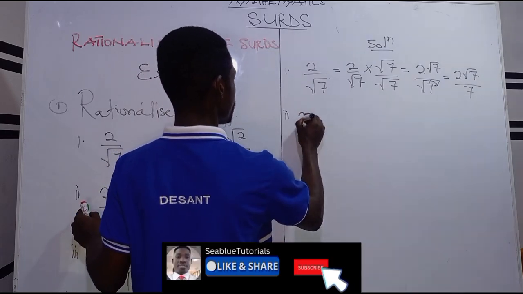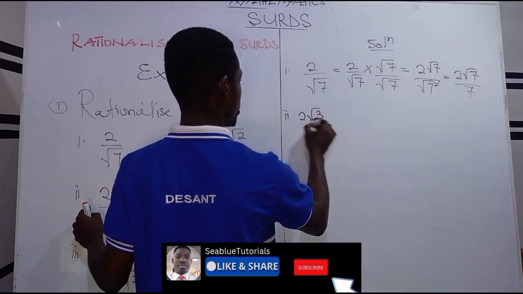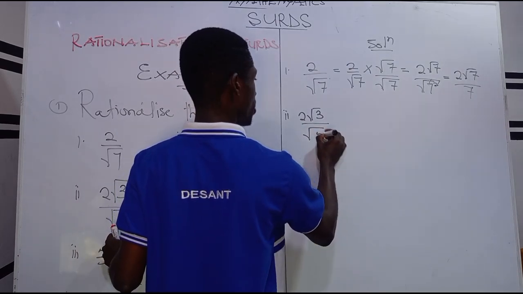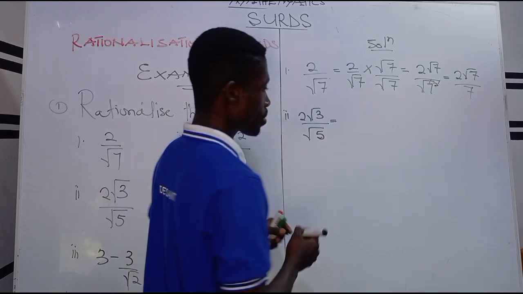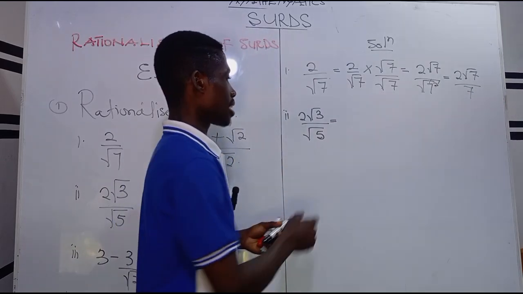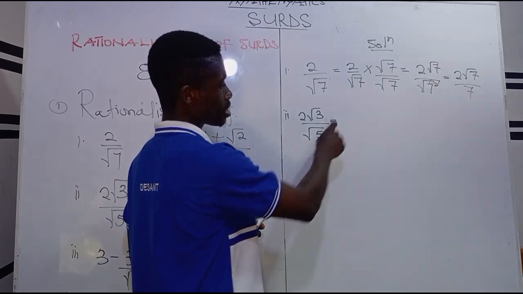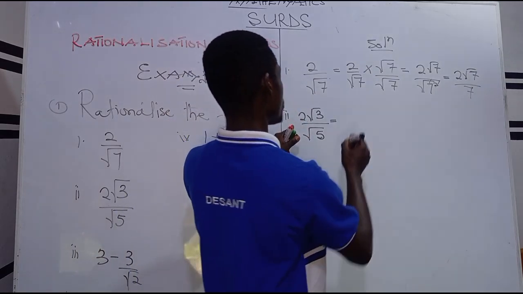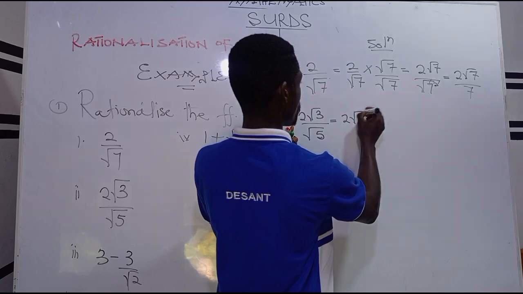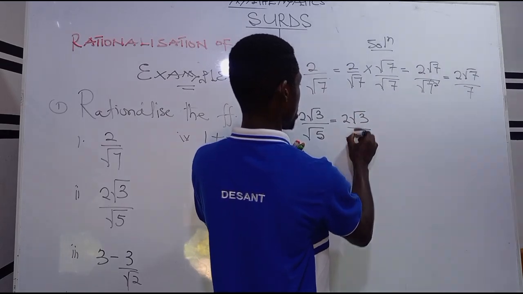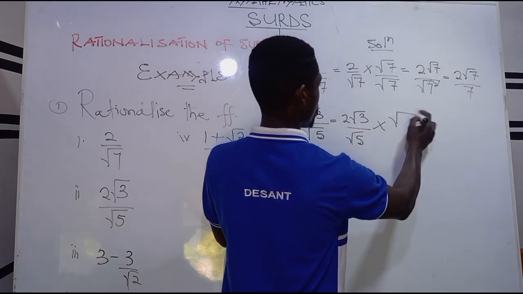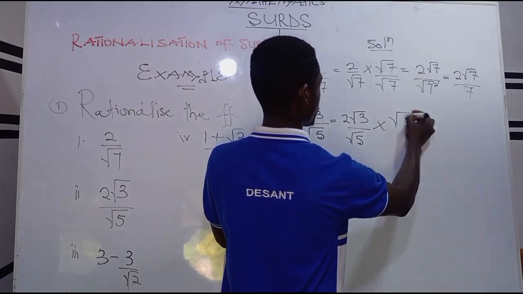We have 2 root of 3 all over root of 5. So what do we do? Our denominator is root of what? Root of 5. So we are going to multiply the top and down by root of 5. Is that clear? So we are going to get 2 root of 3 all over root of 5. Then we multiply the top and down by root of 5.